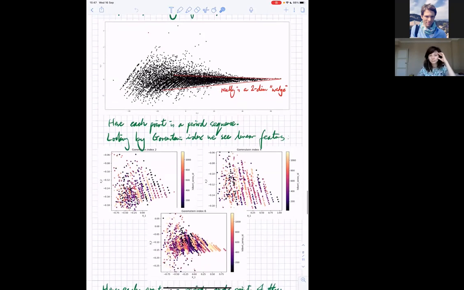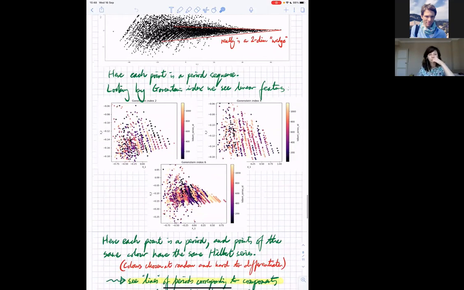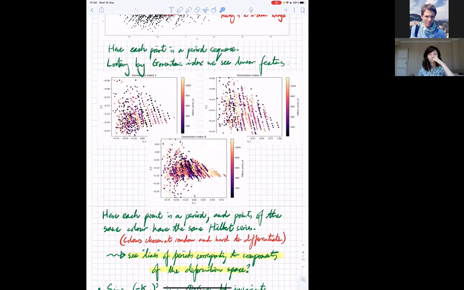And so what happens if you focus on this wedge and you start slicing by things like Gorenstein index? Here I've got 3 graphs. In this first graph, we've sliced by Gorenstein index equals 2.